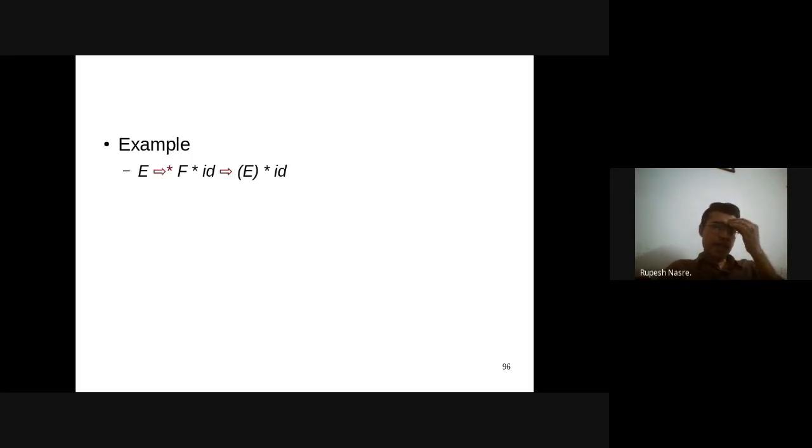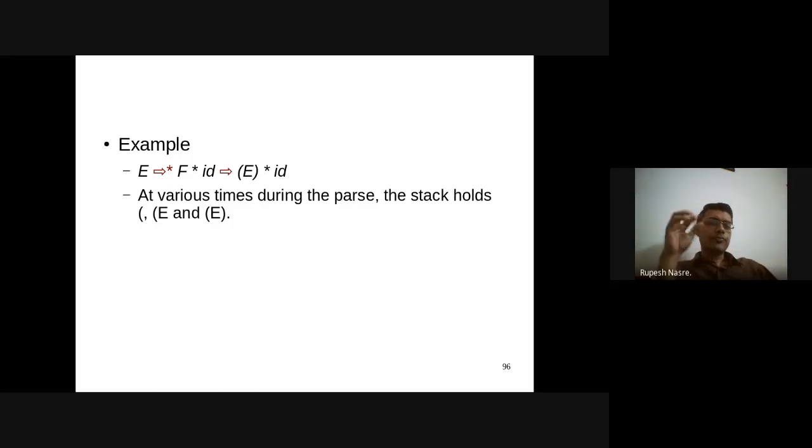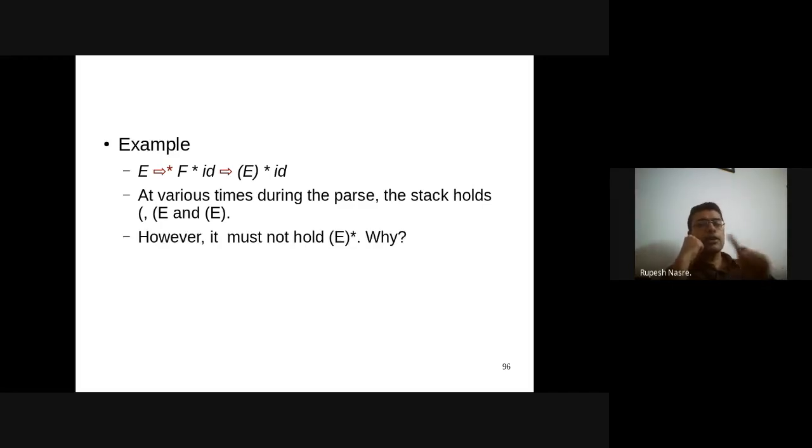E deriving F into ID, and then from there deriving a parenthesized expression into ID. These are all valid sentential forms which appear onto the stack. At different times in the parsing, the stack might hold opening parenthesis, then opening parenthesis and E, then opening parenthesis and E followed by closing parenthesis, but it will never hold opening parenthesis E, closing parenthesis followed by star onto the stack. What is the reason?